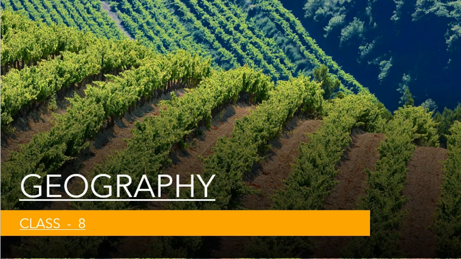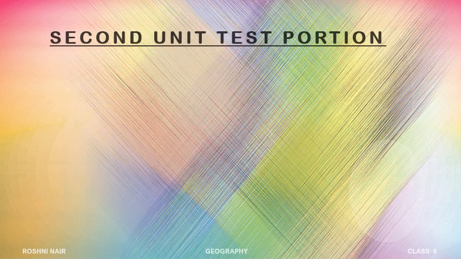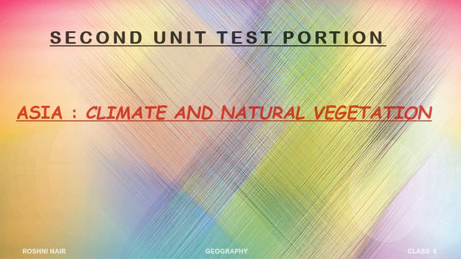Before going further, let us first see what the portions are for the second unit test. For the second unit test, we have one chapter, that is Asia, Climate and Natural Vegetation.